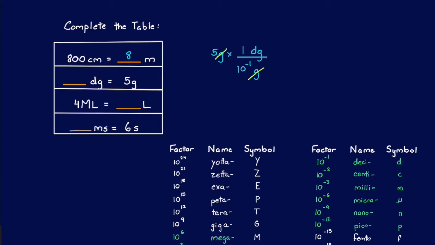Cancel out grams, and we're going to end up with decigrams. Alrighty, so now let's actually do the calculation. 10 to the negative 1 has to go up, and it's just going to be 5 times 10. So our answer is going to be 50, and there you are. Your answer is 50.